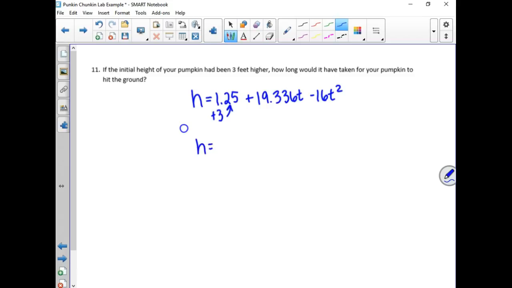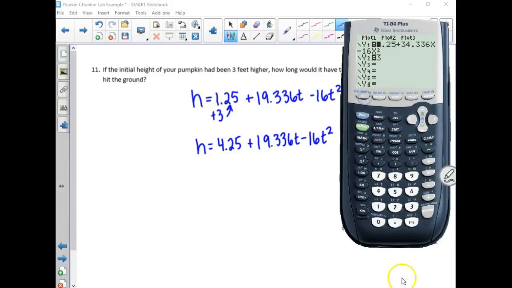So our new equation will be h equals 4.25 plus 19.336t minus 16t squared. And I'll go to y equals in my calculator. I'll make this 4.25. I will change this 34 back to the 19, and I'll hit graph.